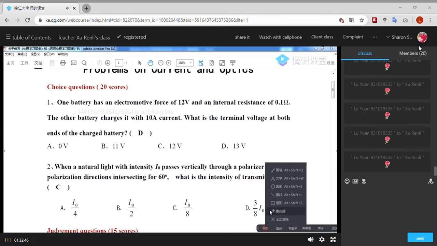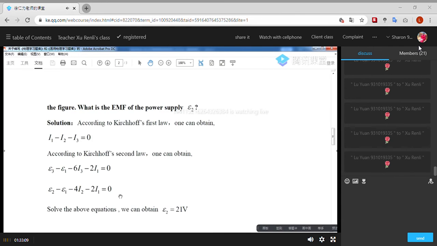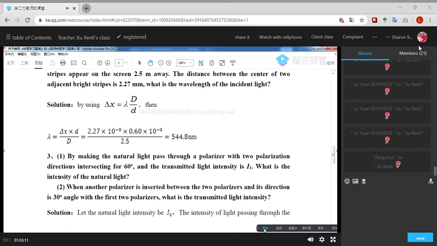The choice question tells us the intensity of the natural light and asks what's the intensity of the transmitted light. But this question already tells the intensity of the transmitted light and asks what's the intensity of the natural light.